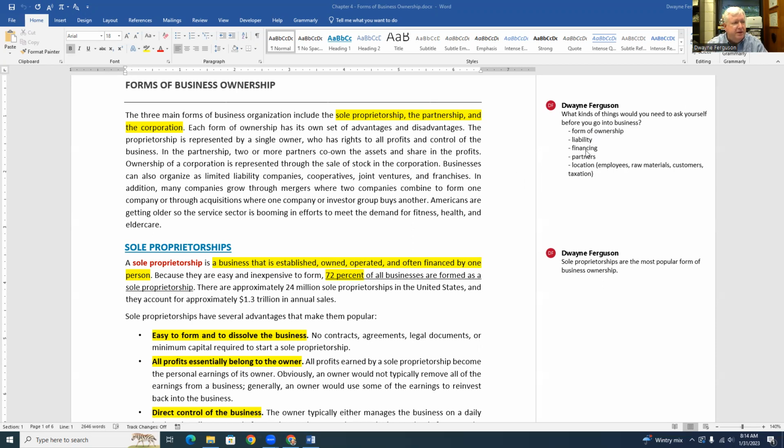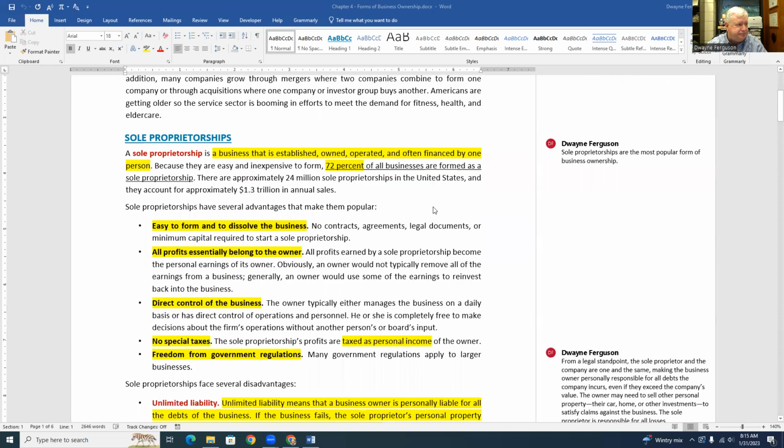So liability, financing, how are you going to get your financing for the business? We'll talk about that some more. If you're going to have partners or not, where you're going to be located, so all kinds of things to think about when you are going to start your own business. But this chapter is basically dealing with what form of ownership you want to have.